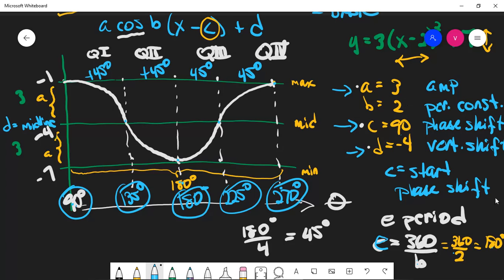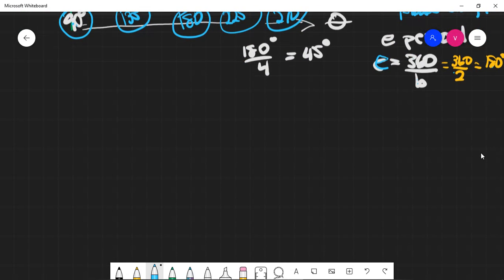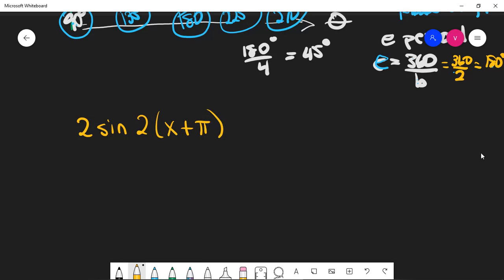Let's try one more example. I'll do it in radians this time. Let's try something similar. Let's do 2 sine, again 2, and then x plus pi. I'm using radians now.